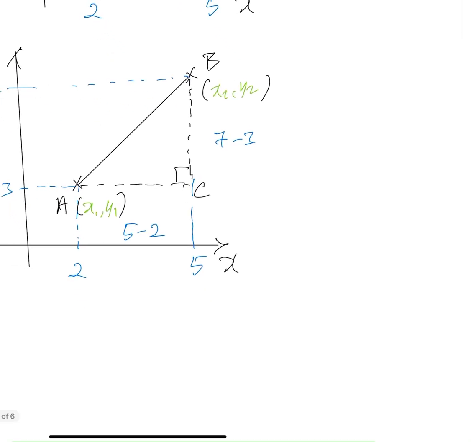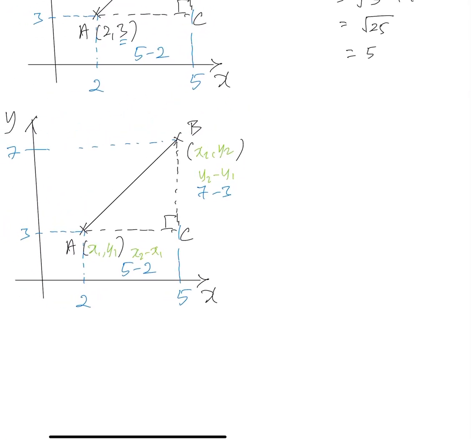Just now for BC we had 7 minus 3, where 7 is our y2, so it's y2 minus y1, and similarly here it is x2 minus x1.